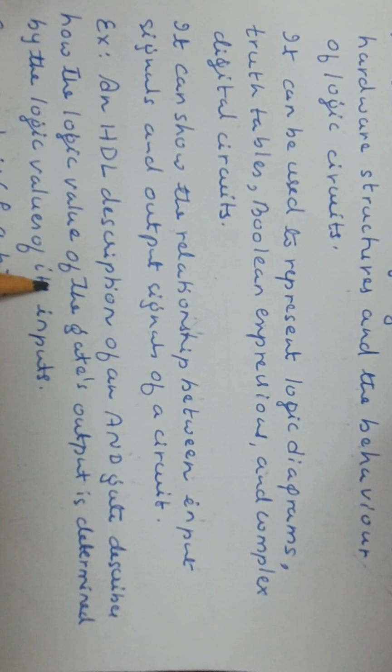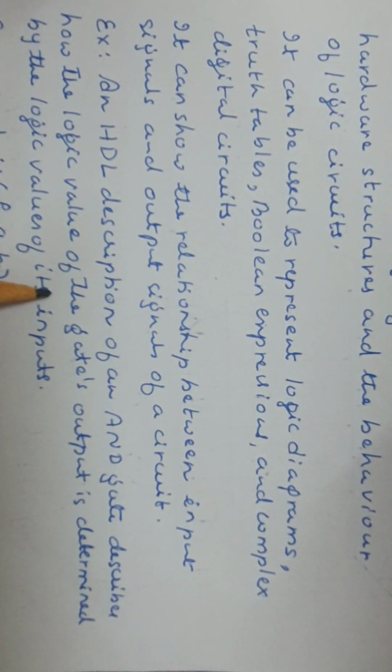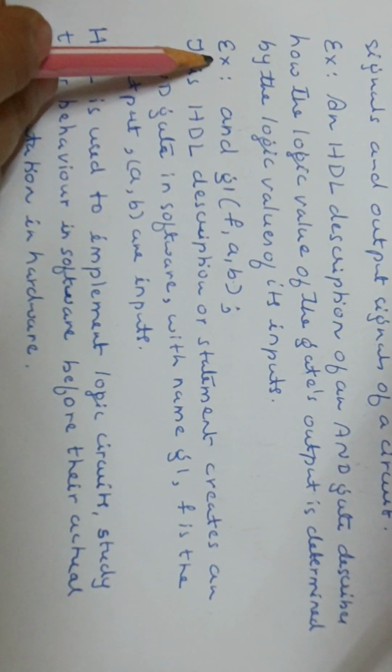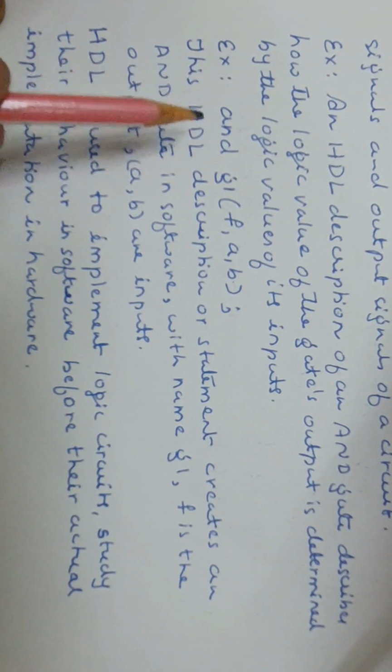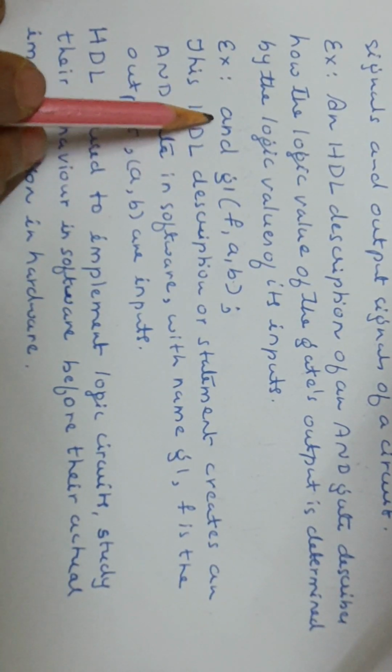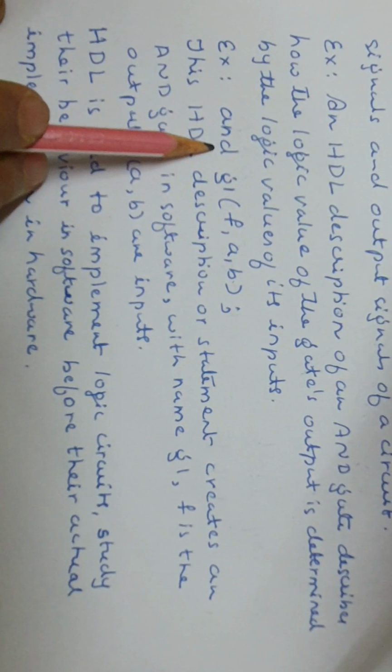Means if you describe an AND gate in HDL, we can show its inputs and outputs by varying the values of the inputs and how the output varies. That also can be shown using hardware description language. So as an example, consider one statement in an HDL language, that is Verilog language: 'and', this is the reserved word.